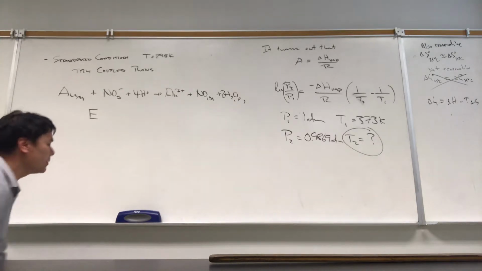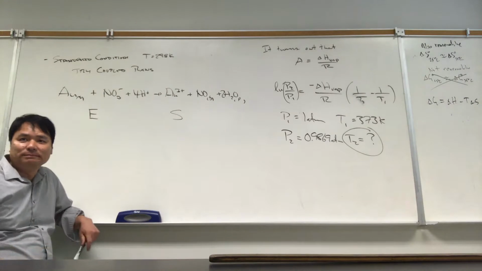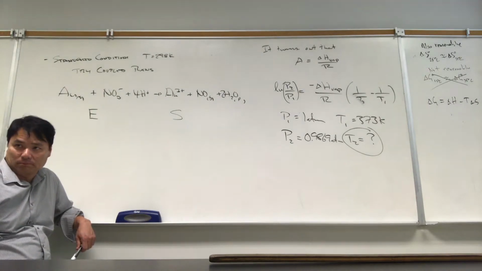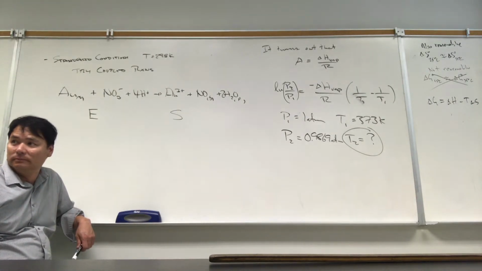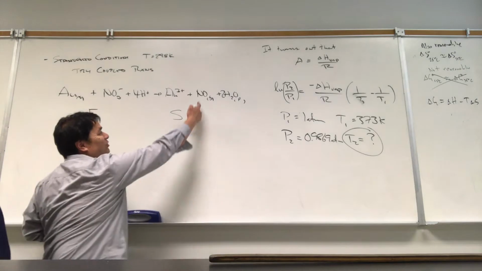Well, actually, think about that and let's go to entropy. Is the entropy going up or down? This should be easier. Entropy should be going up because we're forming a gas here.